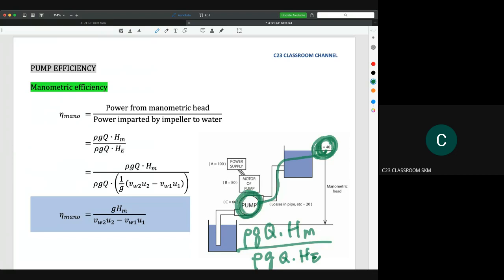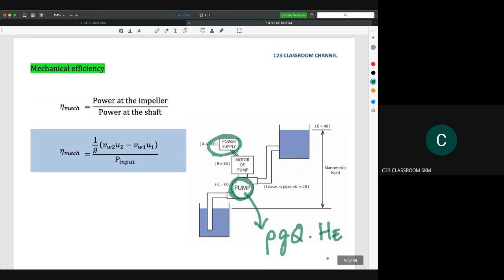So it depends on your definition, and that's why I hope you could understand the efficiency, because Euler head here is not always the input. Sometimes it can be used as output. Okay, so this is the mechanical efficiency. It is about the efficiency of energy being transferred through the mechanical parts of the pump.